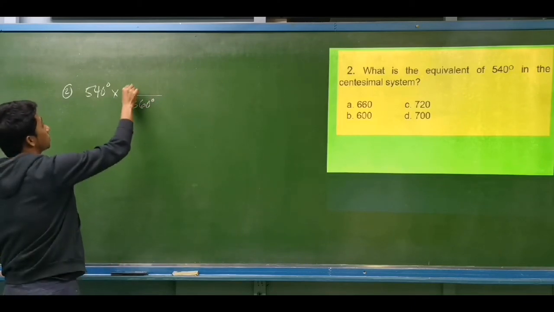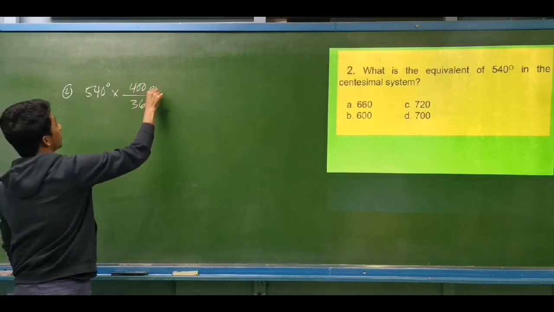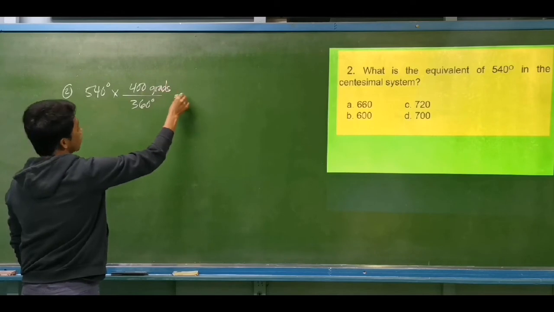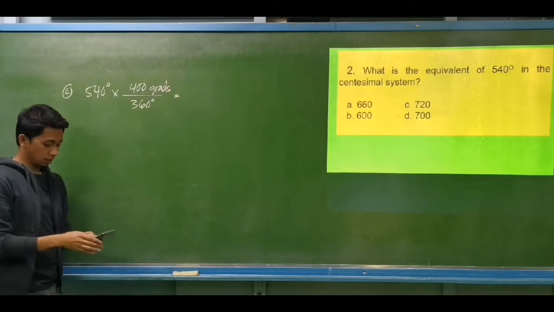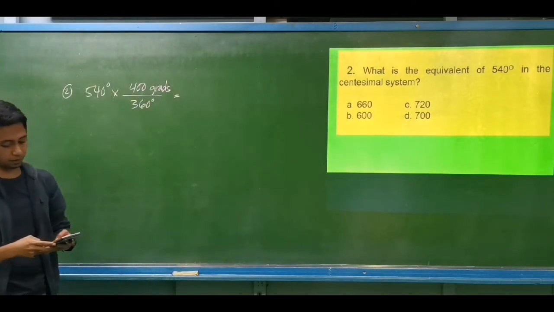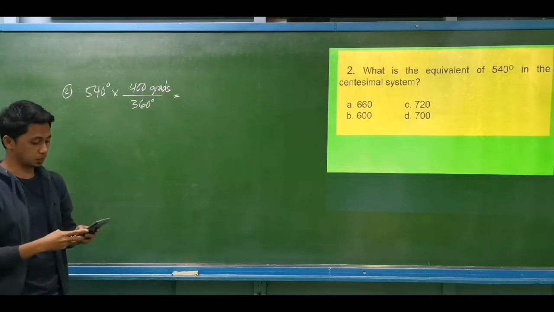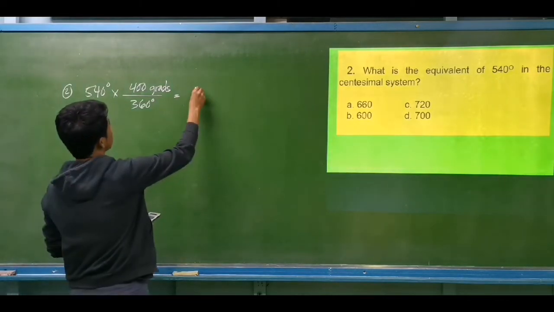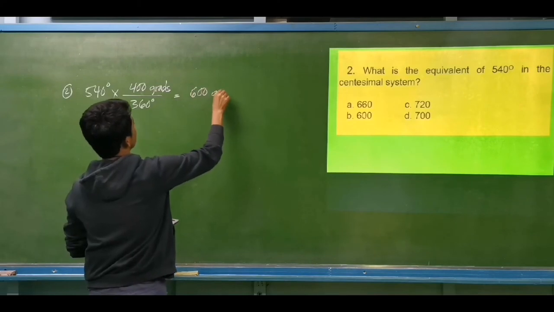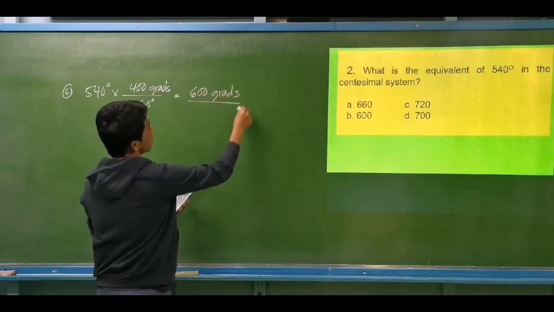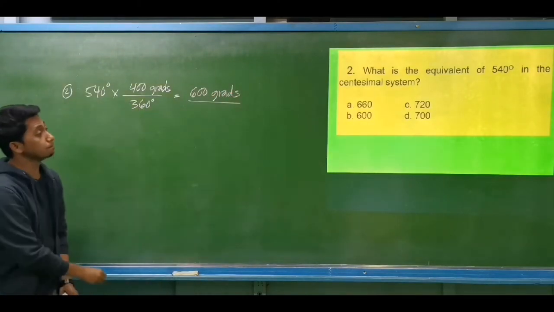Kapag centesimal system, this is the grads. We have 400 grads. So this is now equal to 540 multiplied by 400 divided by 360. So ang sagot natin dito is 600 grads. So this is a past board exam problem.